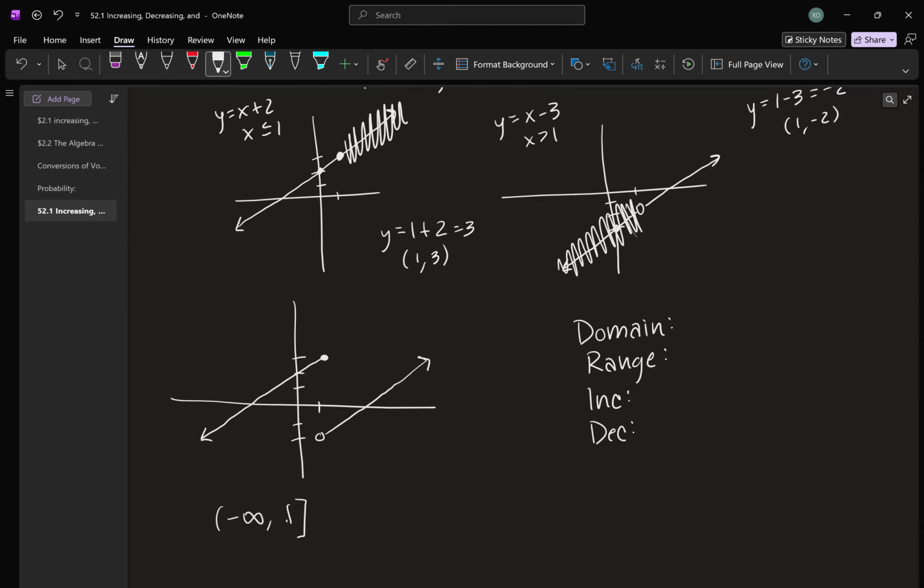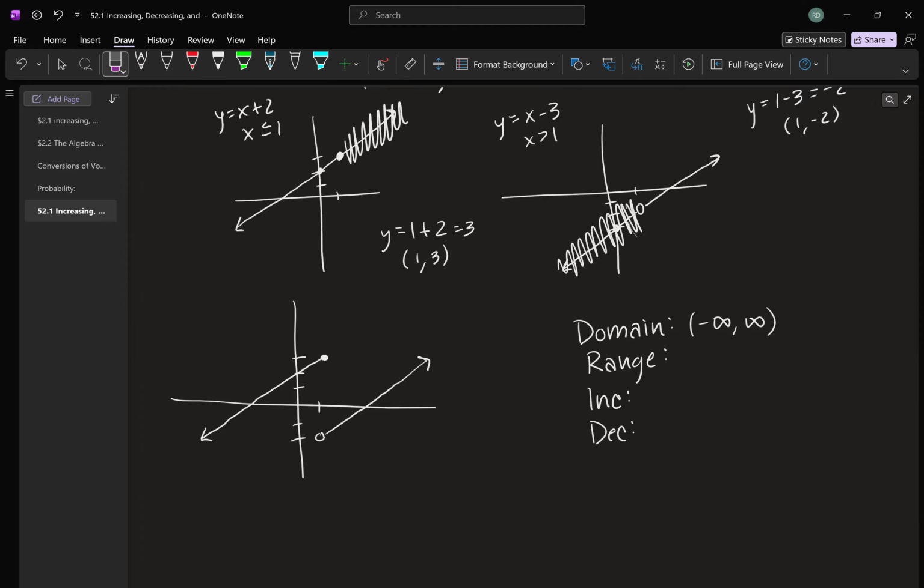Then we're going to go this direction from 1. So that's union 1 to infinity. And you'll note that when you put these together, because there's a closed bracket on the 1, we're not actually skipping it. So your domain is going to be -infinity to infinity.